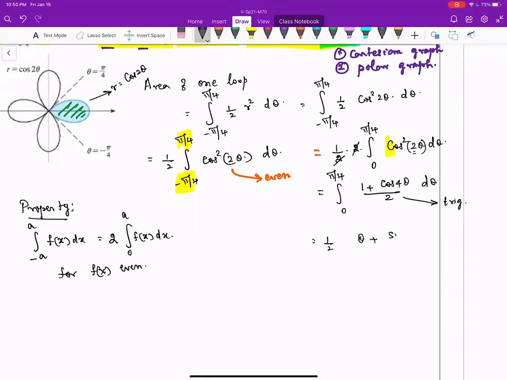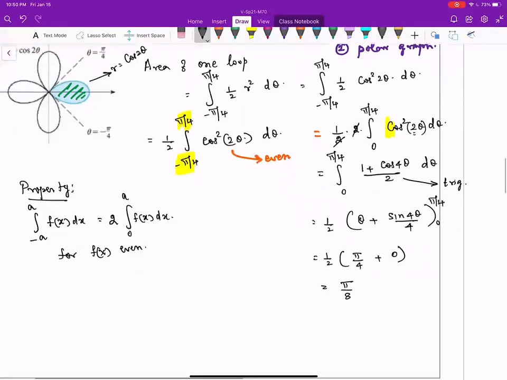The integral of 1 is theta. The integral of cosine 4 theta is sine 4 theta over 4 between the limits 0 and pi by 4. So it is half, then theta is replaced by pi by 4. Sine of 4 times pi by 4 is 0, and the lower limit gives 0, so it is pi over 8. That is the area of one loop.